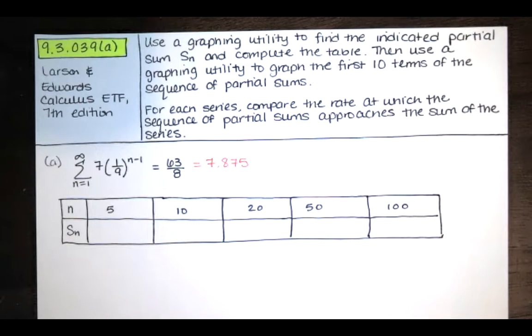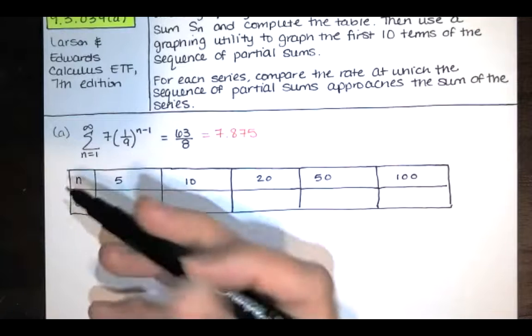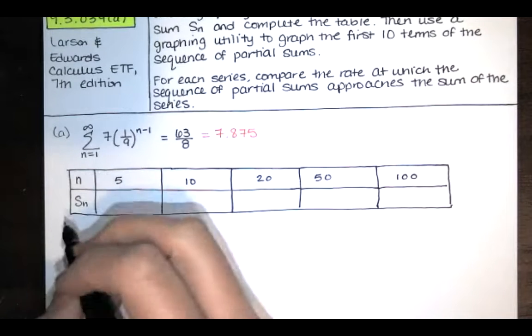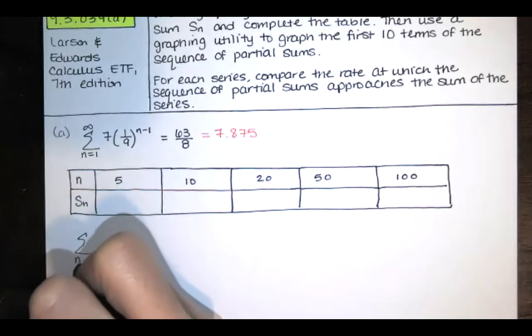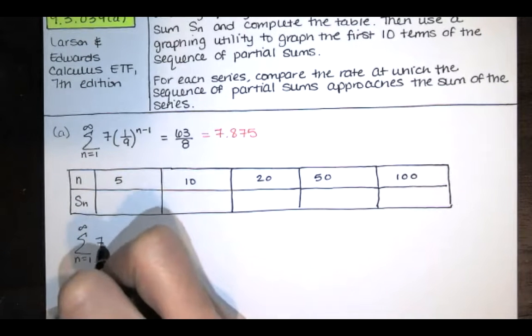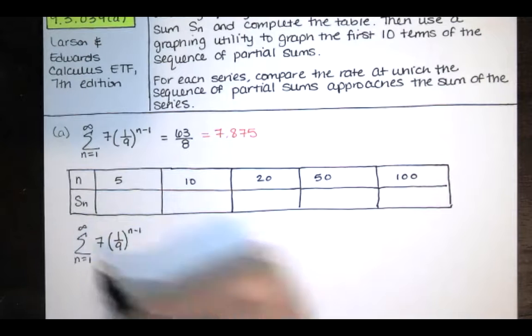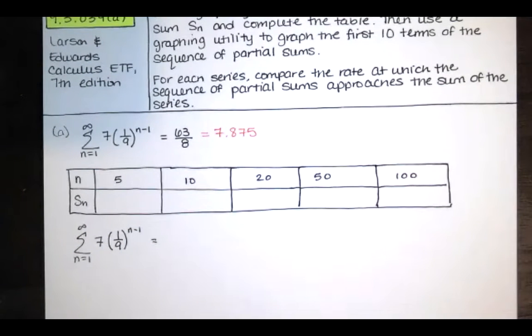So let's just review briefly what a partial sum is. So this is a series because we go from n equals 1 to infinity, and we're told to add up terms that have this form. This sigma means add, and it's saying to go from n equals 1 to infinity.